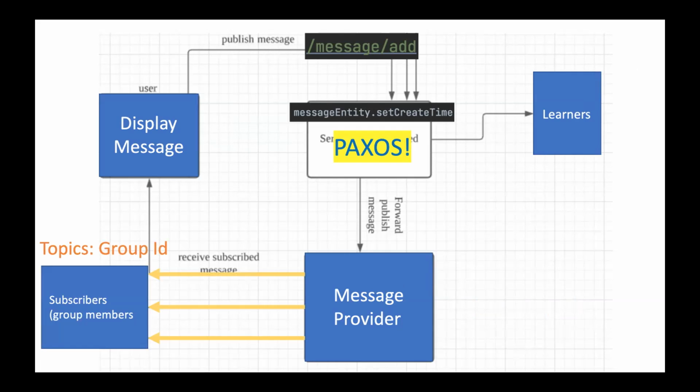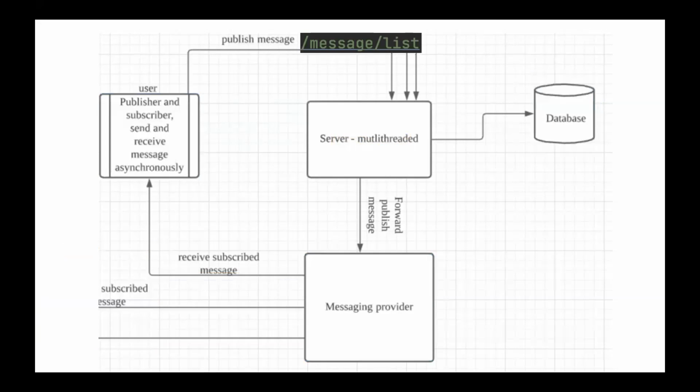The people inside this chat room, who are the subscribers, will be able to receive this message according to the topic, which is the unique group ID for this chat room.